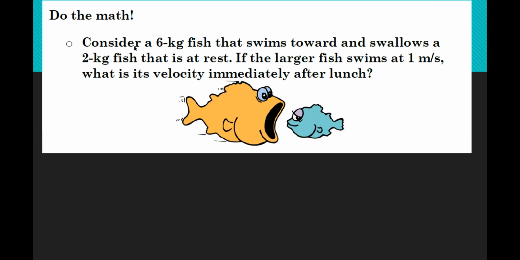Consider there's a 6-kilogram fish that swims towards and swallows a 2-kilogram fish that is at rest. So the yellow fish is swimming, and its mass is 6 kilograms.